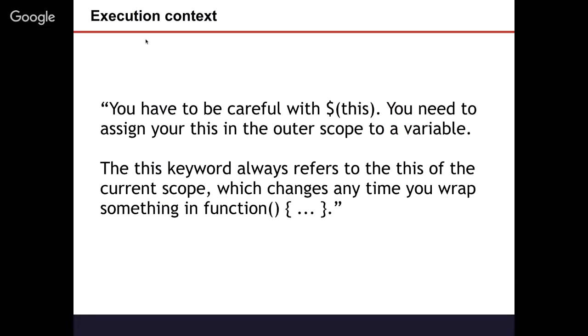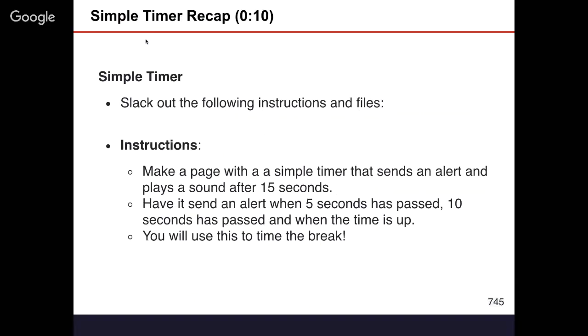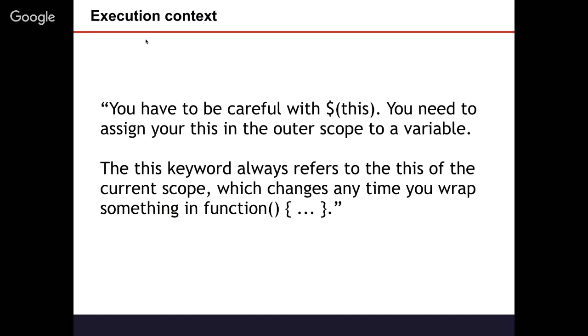Okay, I think I'm going to skip this one. But I just want you guys to understand the execution context, right? There is a challenging piece to this that we didn't go over much in this class, but we need to. Rob was having some of the scope issues earlier, so I added this late. The this keyword always refers to the this of the current scope, right?